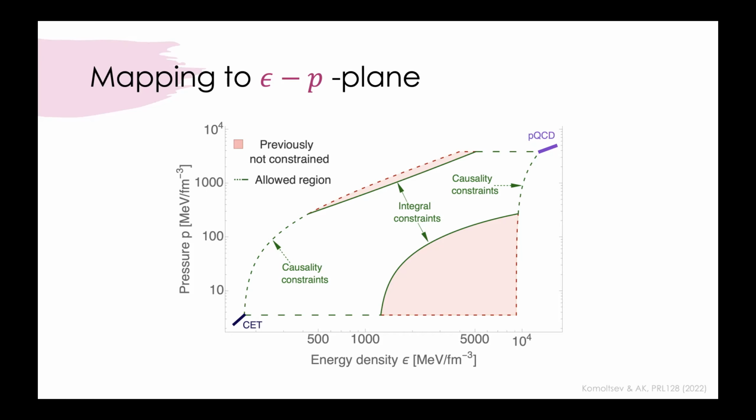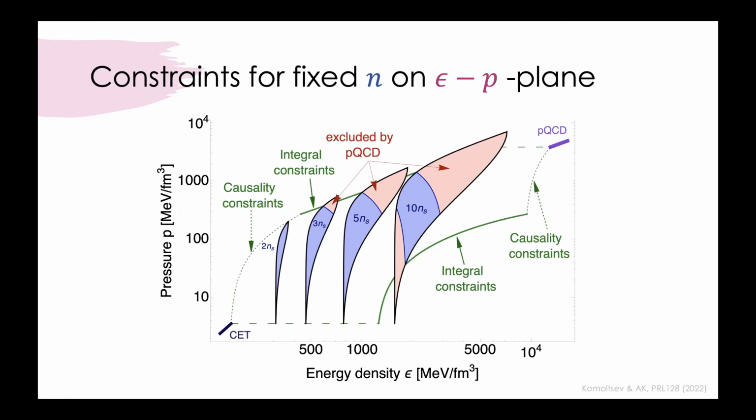I think this result is most dramatically shown by also adding in the number density information, because the projection on the epsilon-p plane does not tell you the whole story.